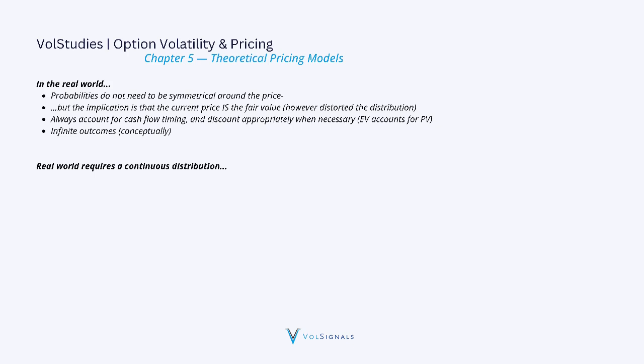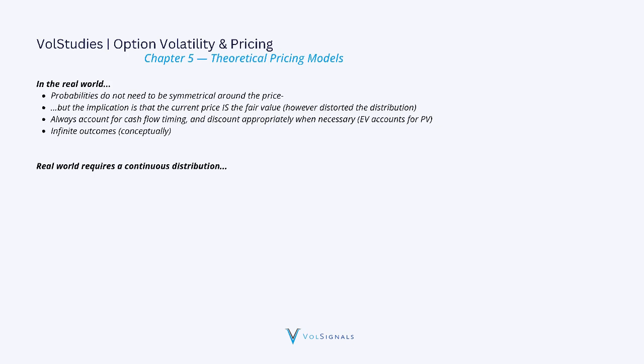Now, it gets a little more complex, because in the real world, probabilities are not going to necessarily be symmetrical around the price. But that's okay, as long as you assume that the price is the fair value. So you can wind up having distributions that are skewed or asymmetric, but you still have to operate around the principle that the price right now is a fair, weighted sum of all the possible prices in the end.